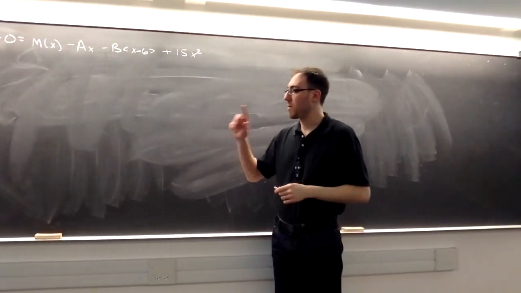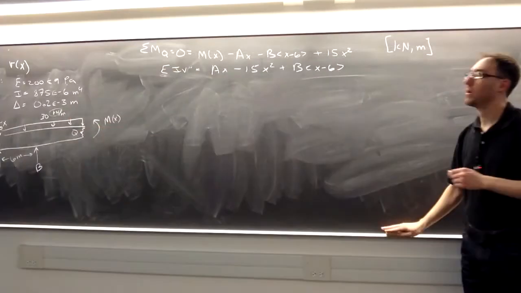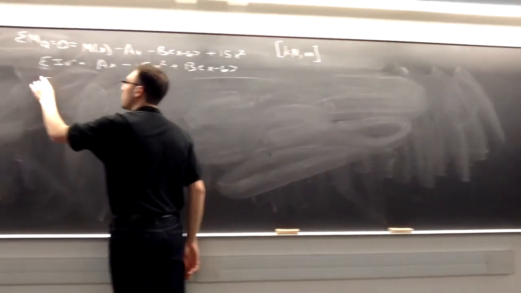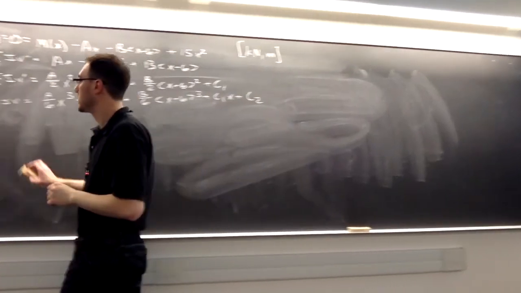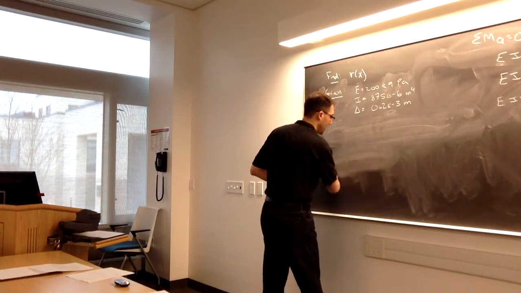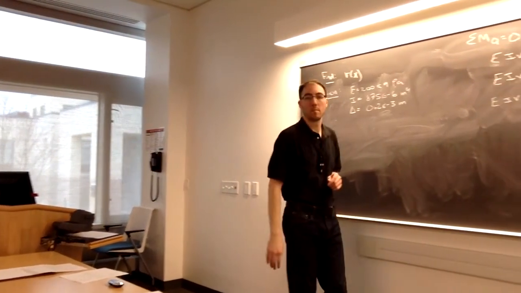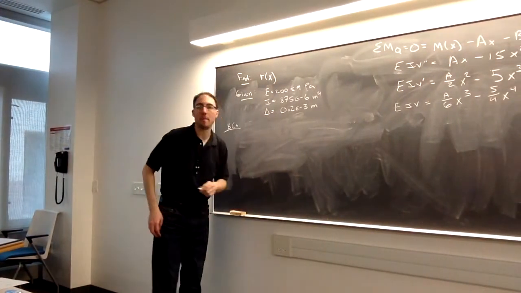Right, so remember, it's positive because it creates a clockwise moment around the cut. Right, so that's our EI v double prime. Integrate it 2 times.